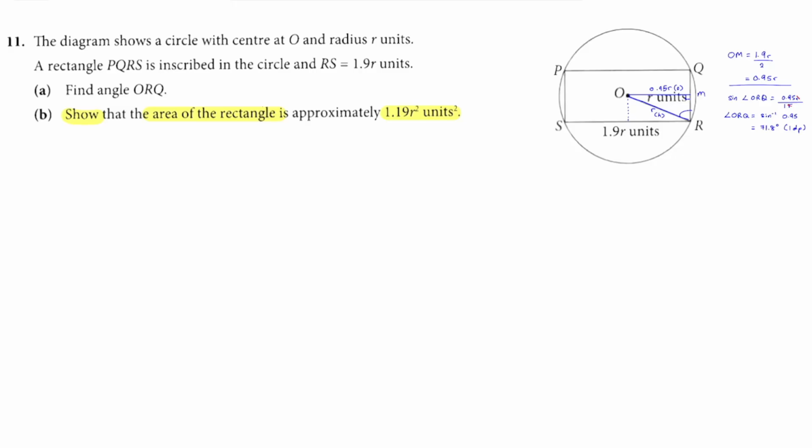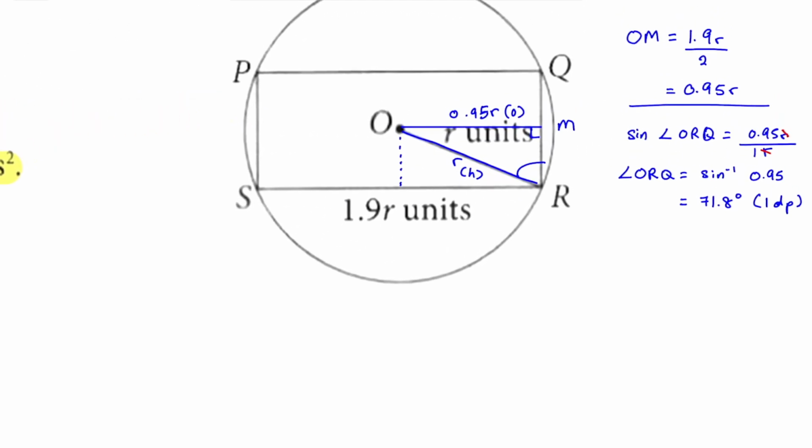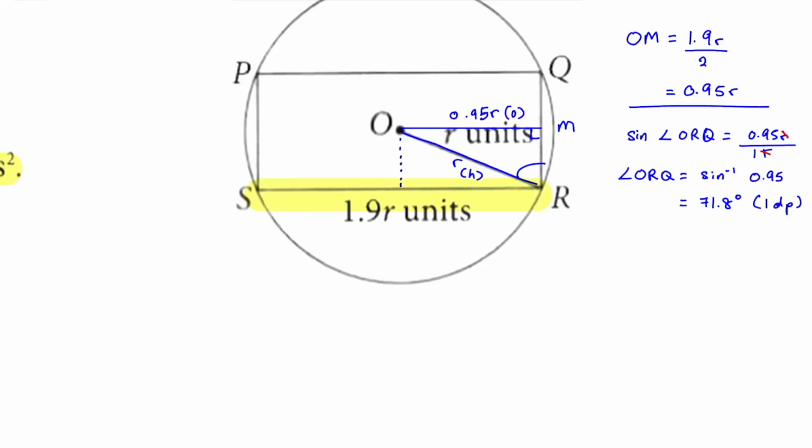For a rectangle, it's just length times breadth, and since we already have this length over here, we just need to look for the breadth. How do I find the breadth? We can simply use Pythagoras' theorem to find RM or MR.